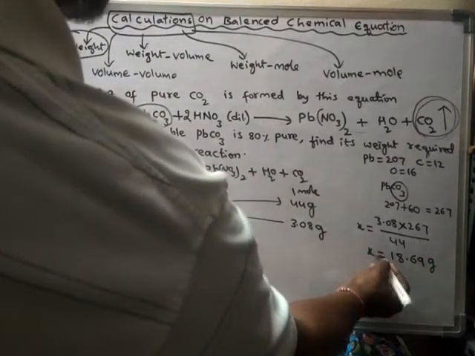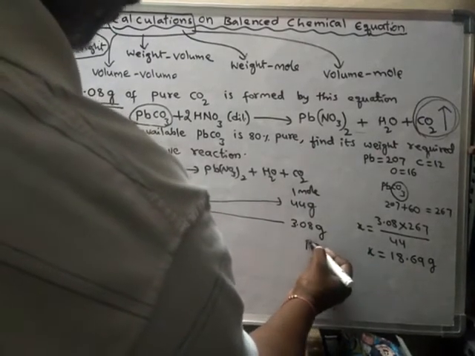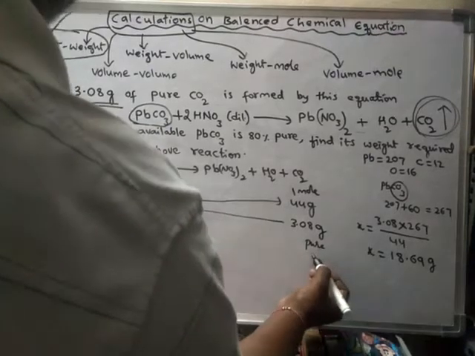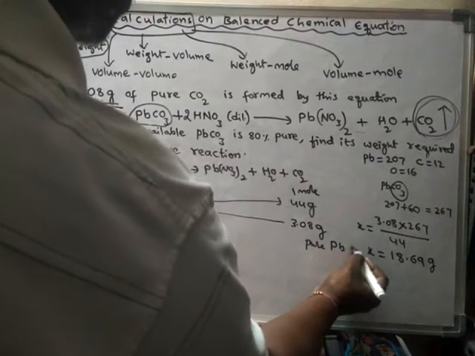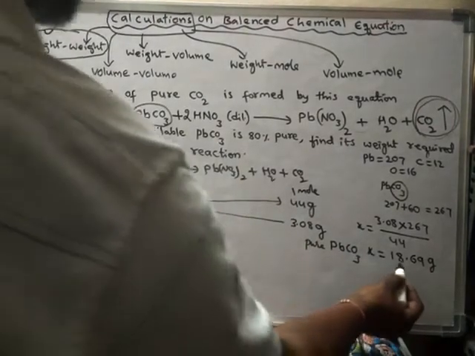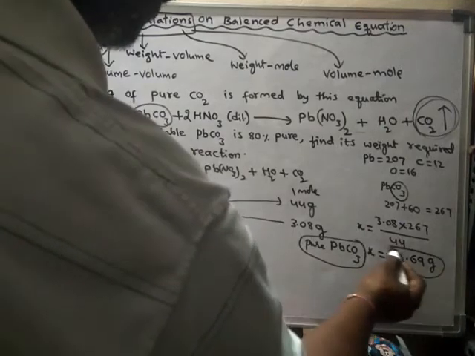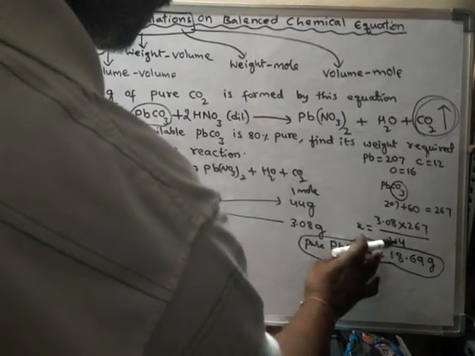X will be equal to that. From this, how much pure lead carbonate is present? So here pure lead carbonate is equal to 18.69 grams of pure lead carbonate.